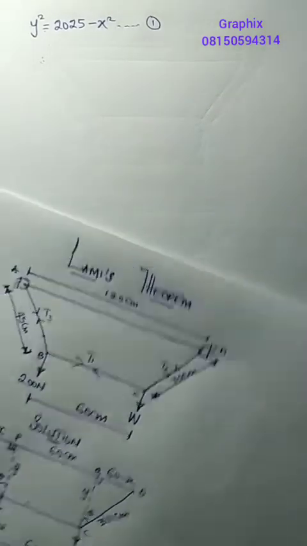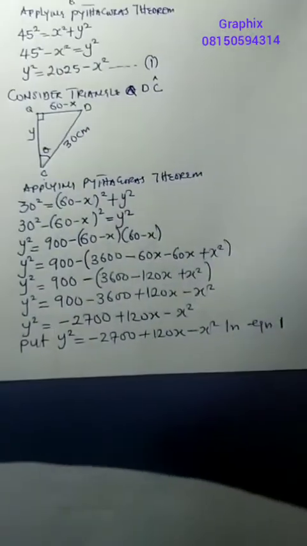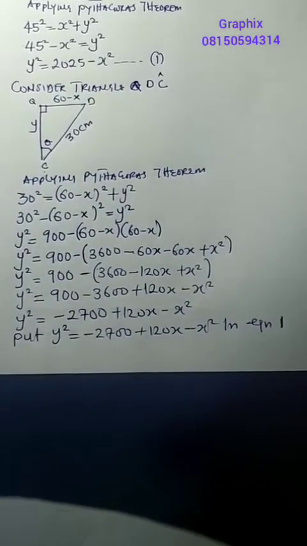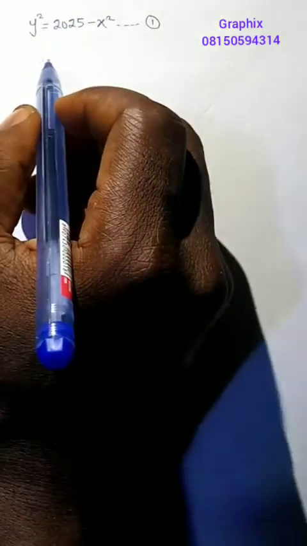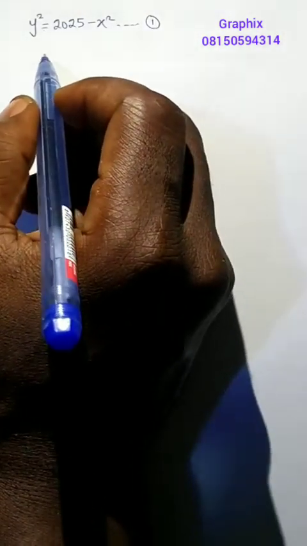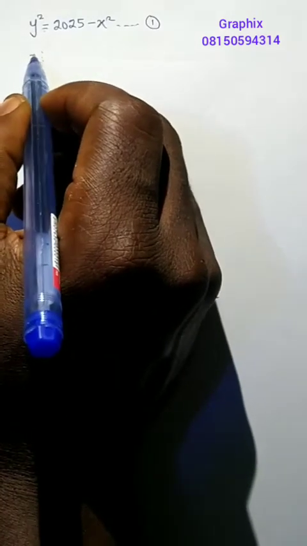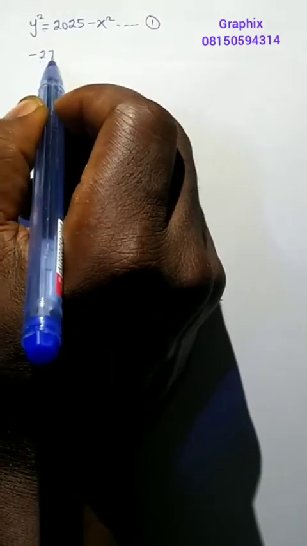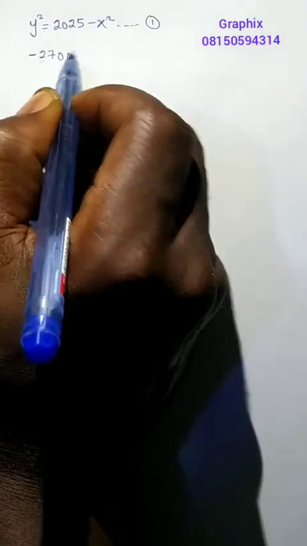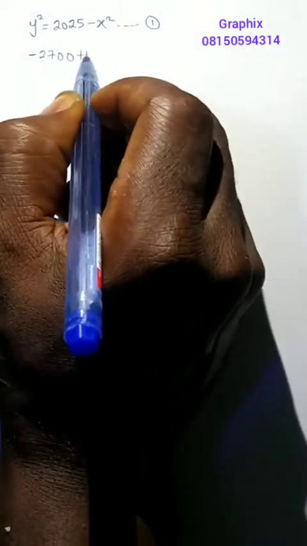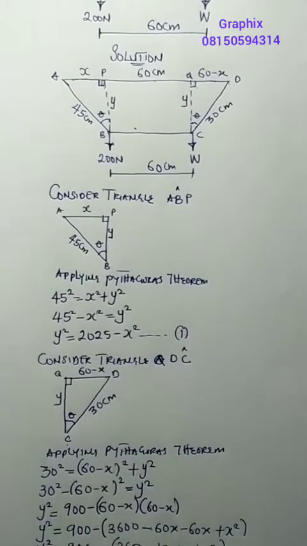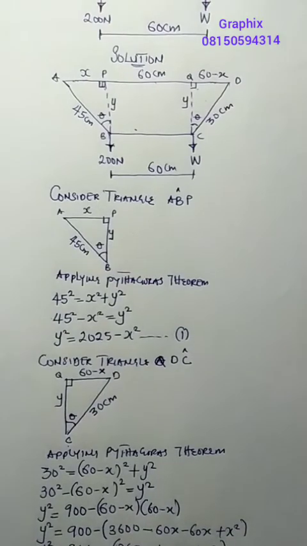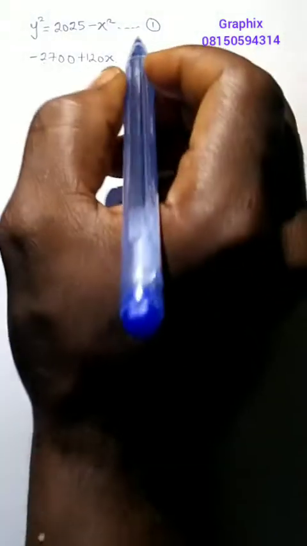What is the y squared? Y squared giving us minus 2700 plus 120x, then we'll have minus x squared. Yes, minus x squared.